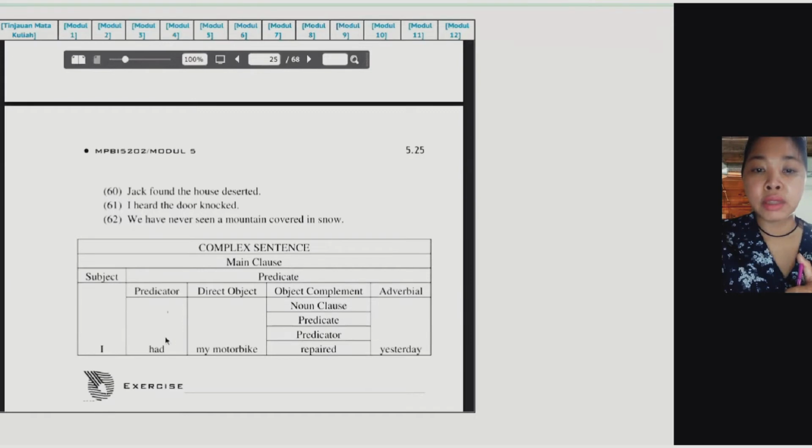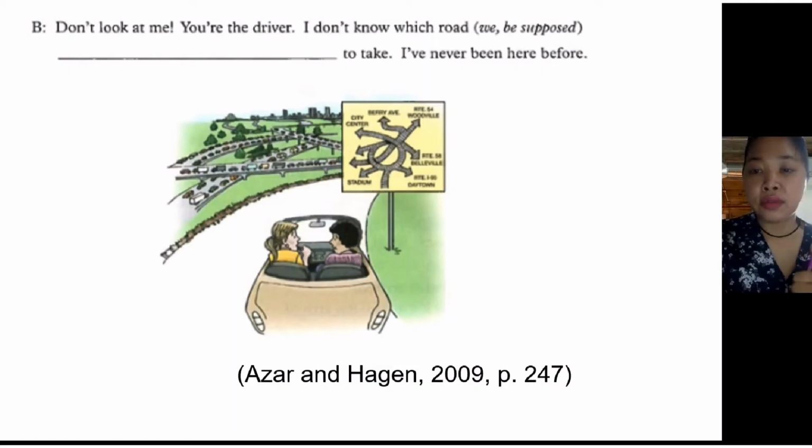Inside the predicate is the predicator, I had, direct object, my motorbike, and here is the passive, repaired yesterday. What kind of noun clause is it? Like I don't know which road we are supposed to take.